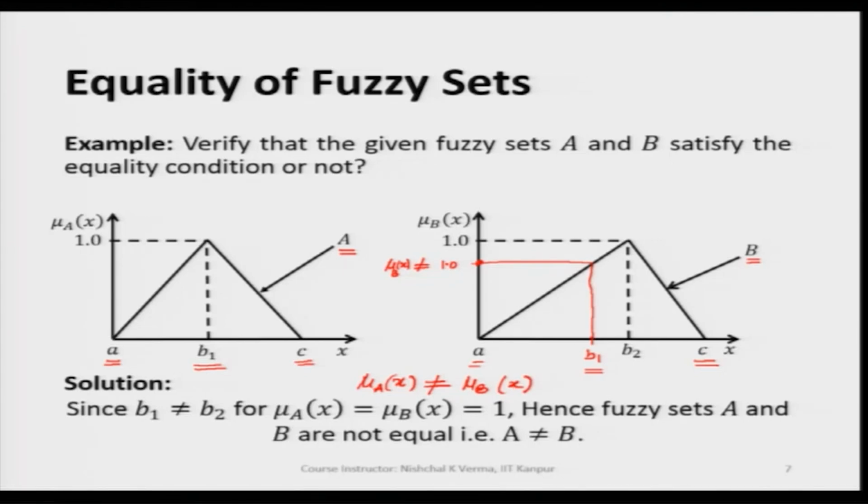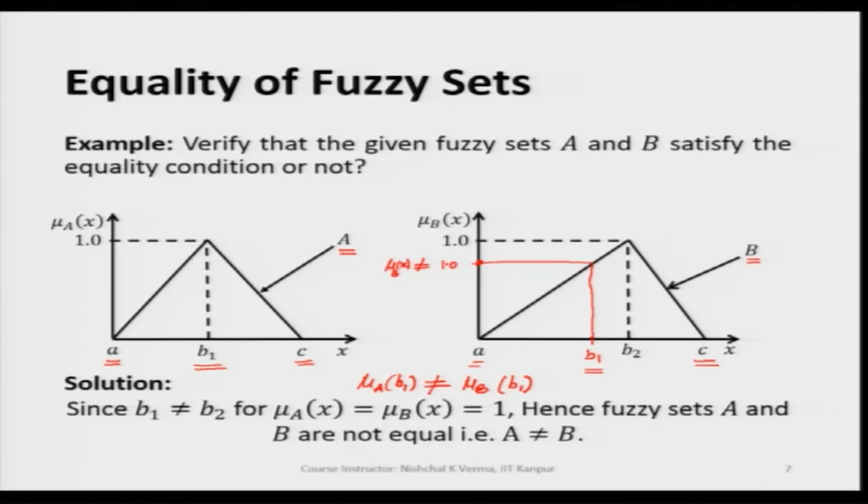Instead of x here, because we are taking x equal to B 1, I think we need to write B 1 here. This way we can clearly see that these two fuzzy sets are not equal.